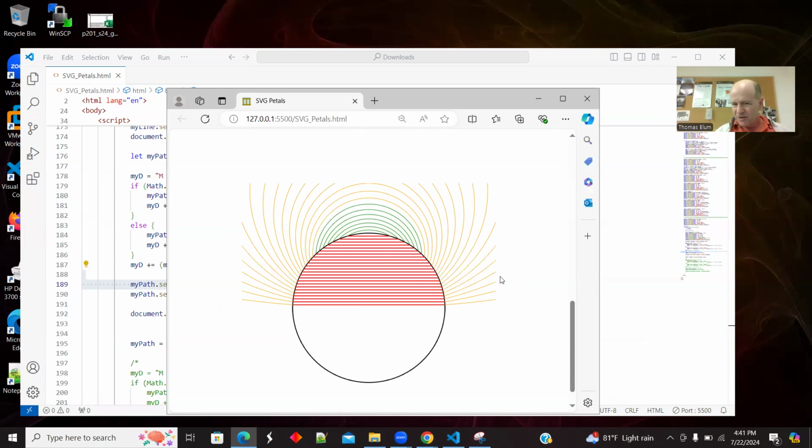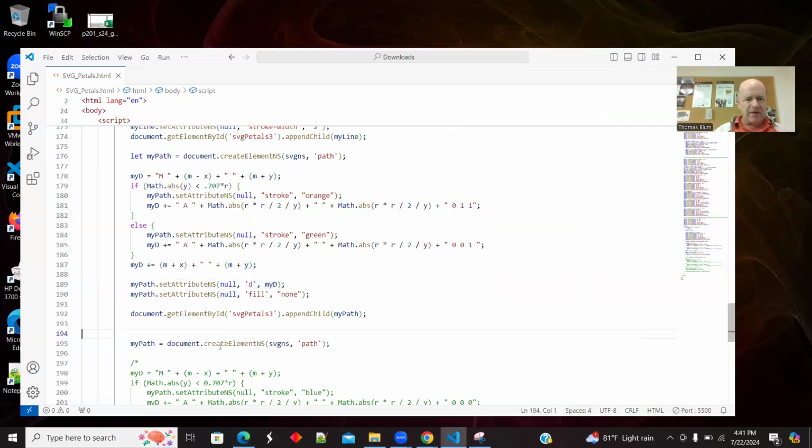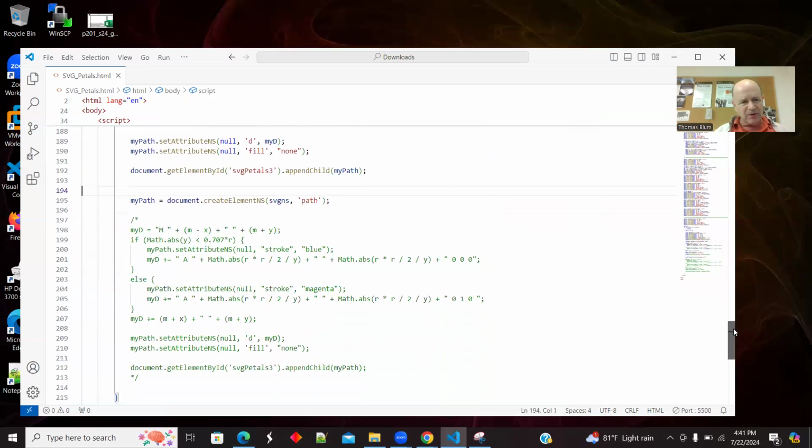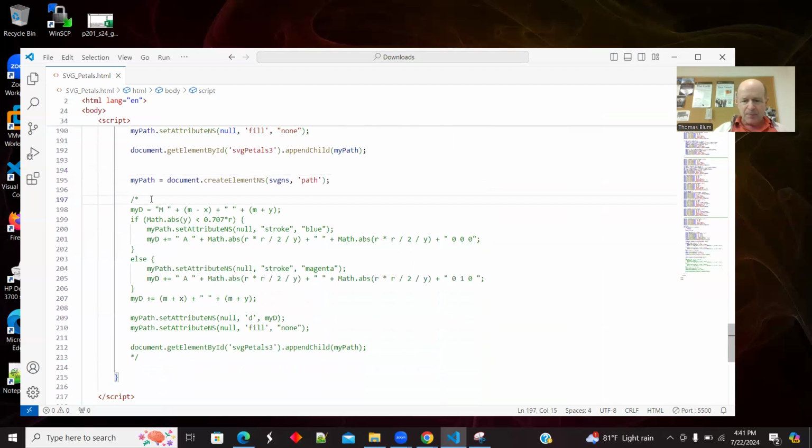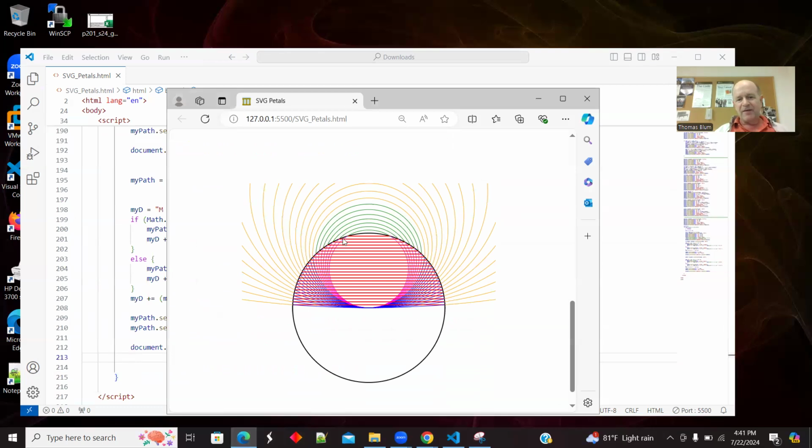If I extended those horizontal lines to outside the circle, then what I'm going to find next is the inverse of those. And that's what I had commented out, and now I'm going to bring it in, and now I have these.